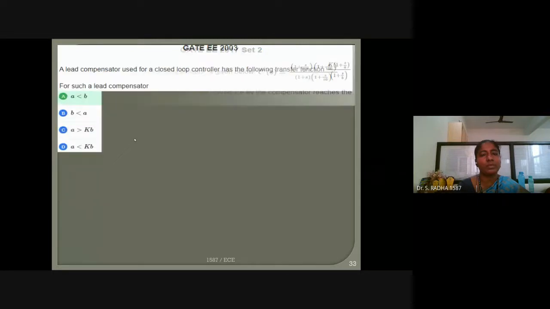Okay, this is a bigger question. Same thing, this is the transfer function of a lead compensator. Convert this to the time constant form, with 1 plus sT form in the numerator and denominator. So you change it to the normal pole zero pattern. If you take the LCM in the numerator, it becomes (s plus a) by a divided by (s plus b) by b. Next you can simplify this, K into b by a, and we have (s plus a) divided by (s plus b).